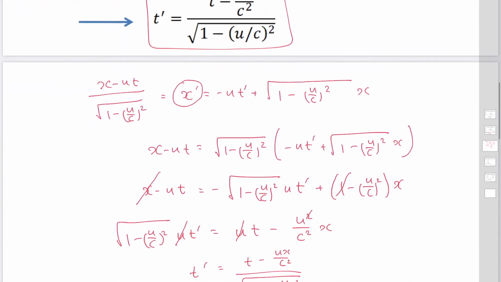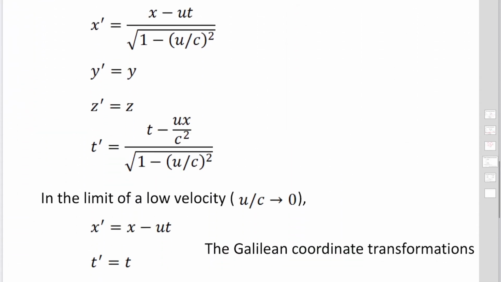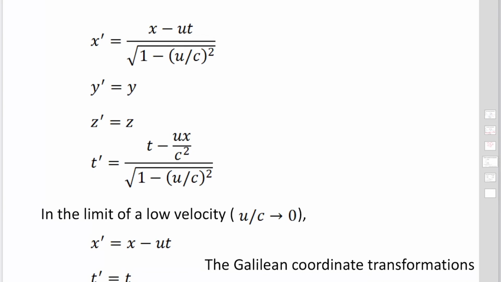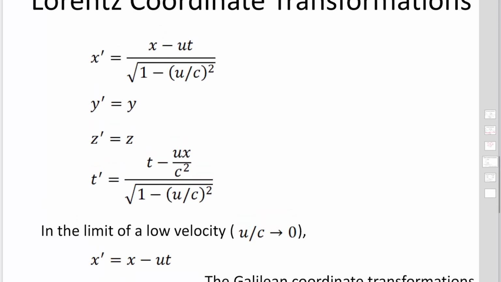So by combining the transformations for x and t, we have these 4 equations, the relation between x, y, z, t and x prime, y prime, z prime, t prime. So the transformation from t, x, y, z to t prime, x prime, y prime, z prime.